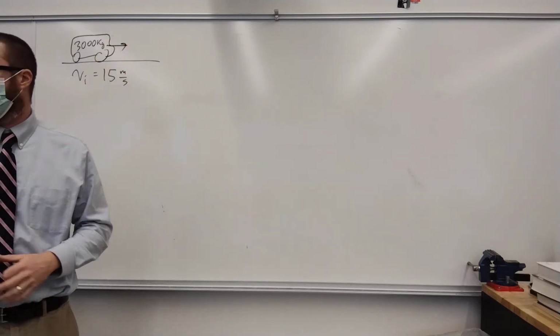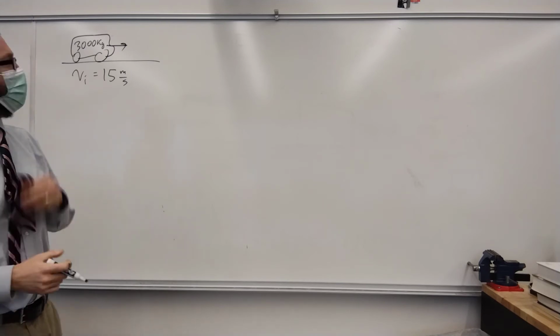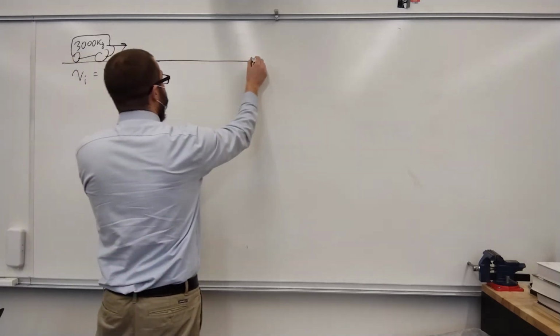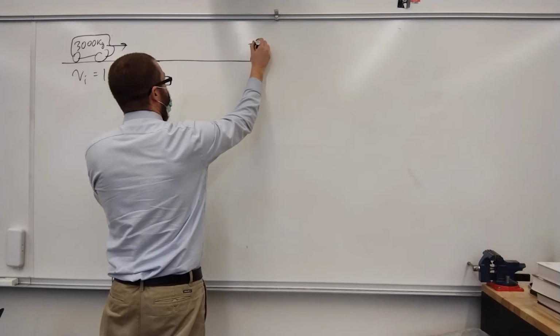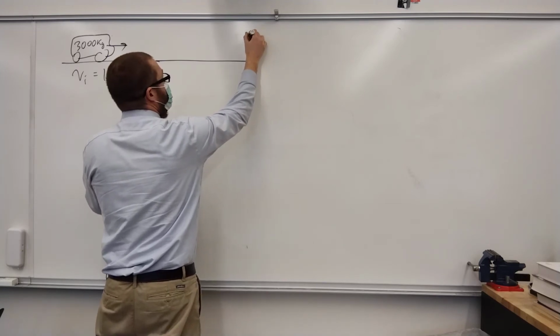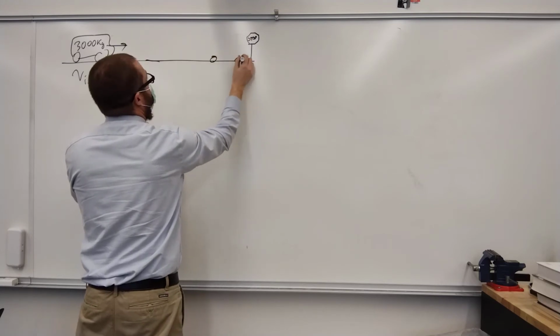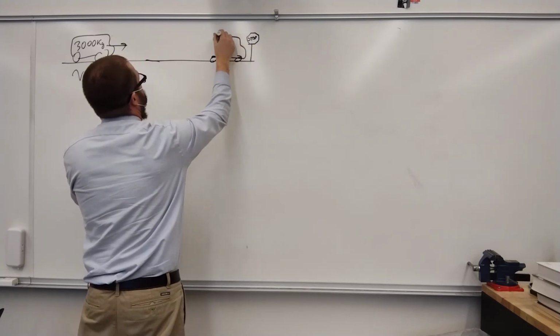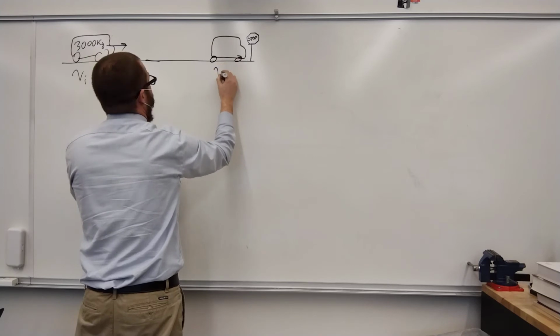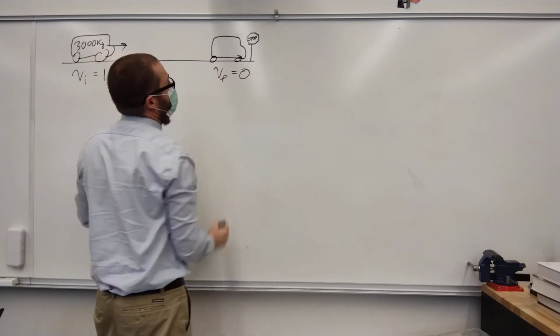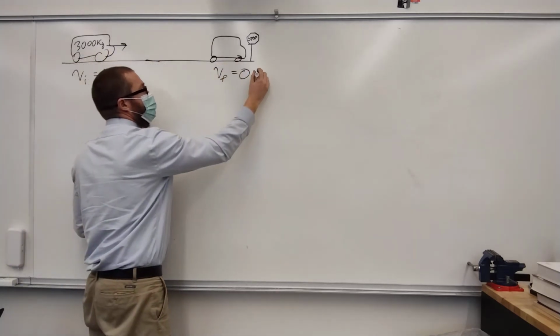It's moving 15 meters per second. Let's say it approaches a stop sign, they hit the brakes, and it slows down so that v final is 0 meters per second.